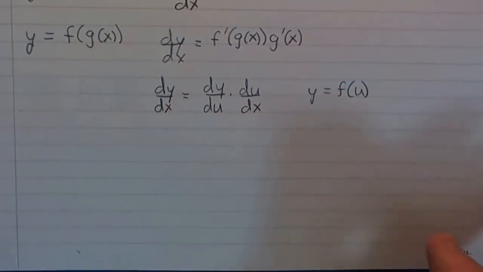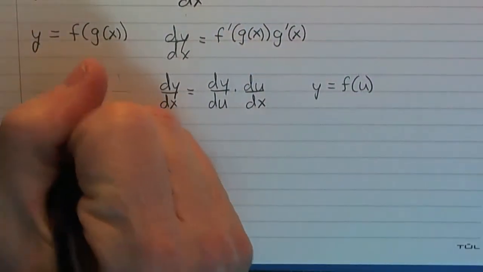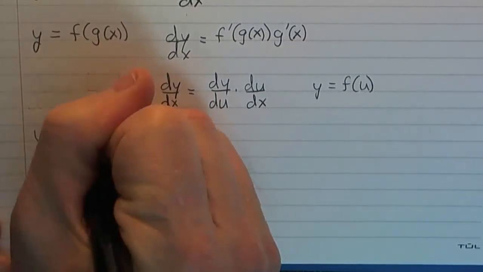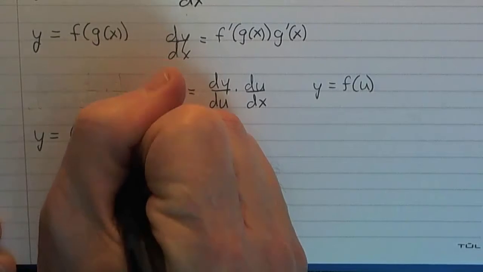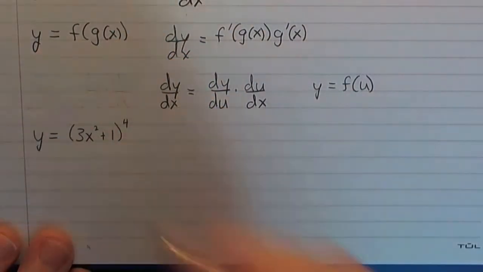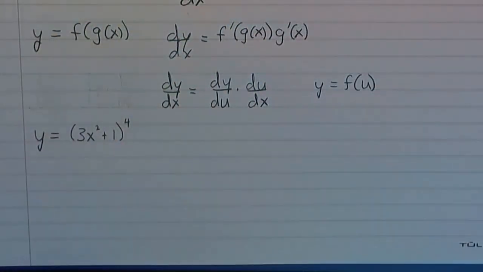But let's look at an example. Let's suppose we've got 3x squared plus 1 raised to the fourth power. We've done a similar example. We need to apply the chain rule here, and we've got an order we want to go through. We differentiate the outside function first, then multiply by the derivative of the inside.